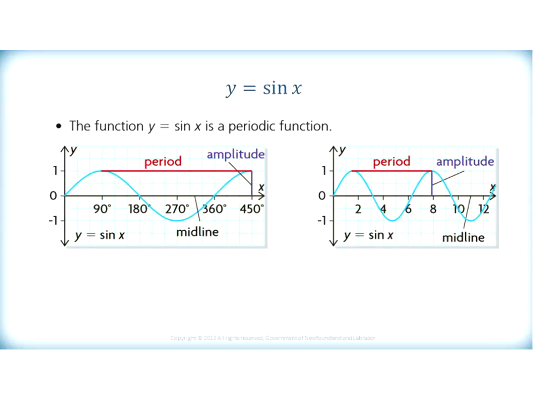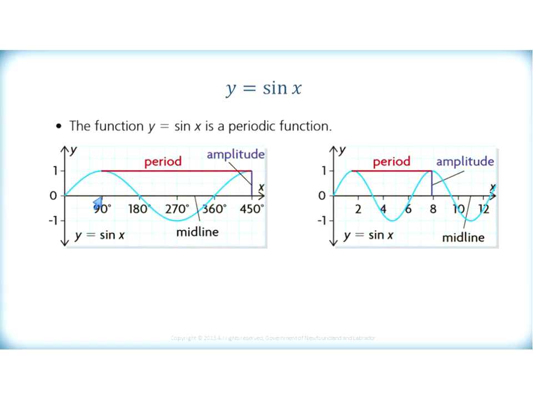So let's have a look at a sine graph. The function y equals sine x is a periodic function. So here we have y equals sine x. There are some key points here. You go from midline to maximum to midline to minimum to midline. Those are the 5 key points of a y equals sine x graph. The period, of course, is where it goes from maximum to maximum.